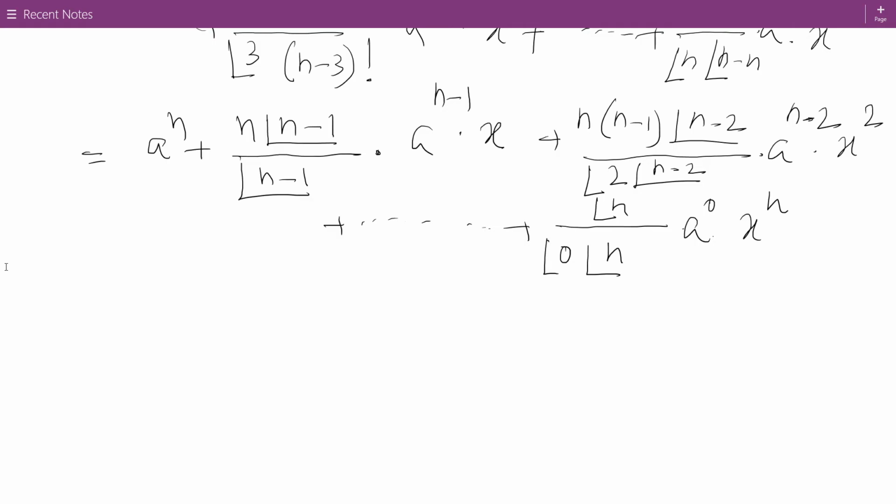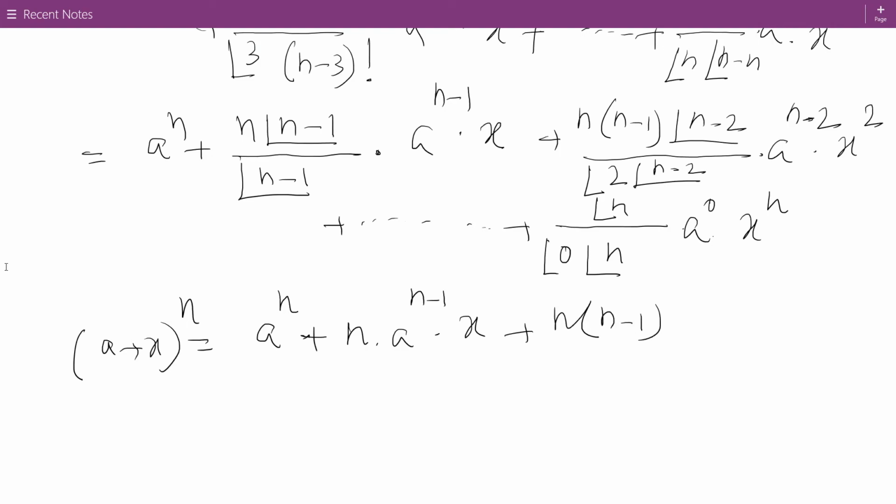Then you write the general expression of a plus x whole to the power n equals to, it's a very important formula: a to the power n plus n a to the power n minus 1 into x plus n into n minus 1 by factorial 2, that is only 2, a to the power n minus 2 into x square, and in this way the last term is x to the power n.